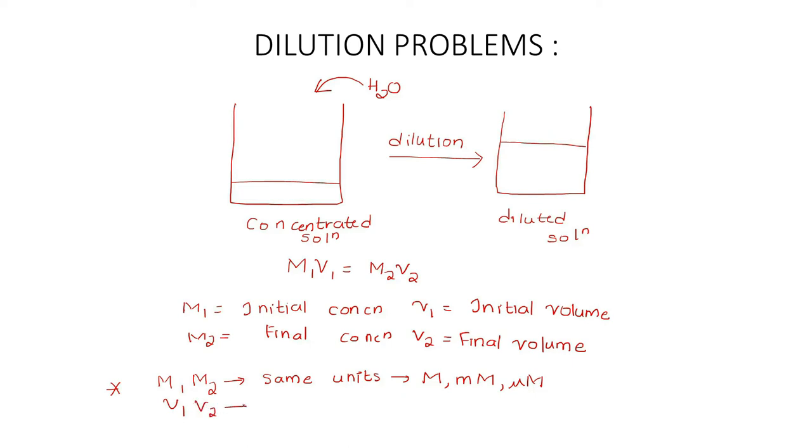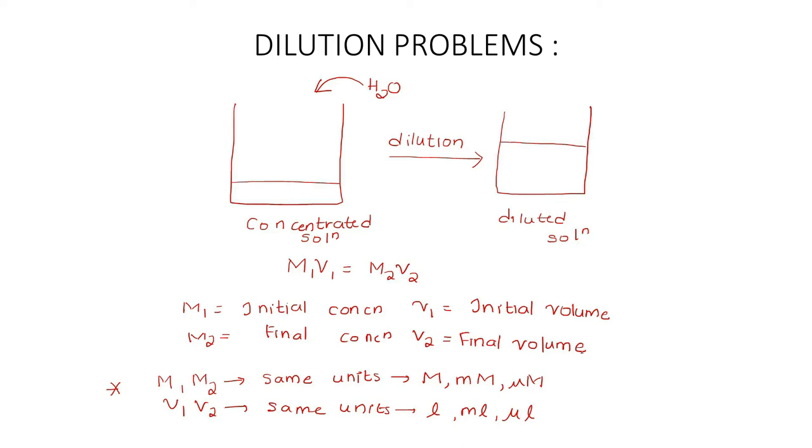V1, V2 should have the same units. That is, either it can be in liter, ml, or microliter. So if V1 is in liter, V2 should also be in liter. If V1 is in ml and V2 is in microliter, then you have to convert it into one of the units. So this is all about the dilution problem.